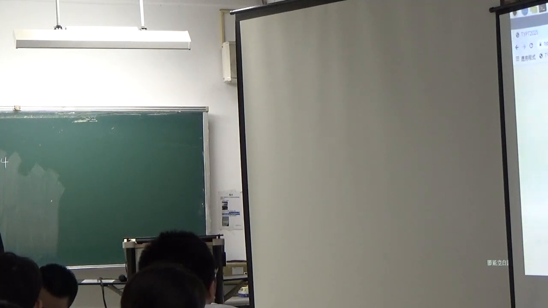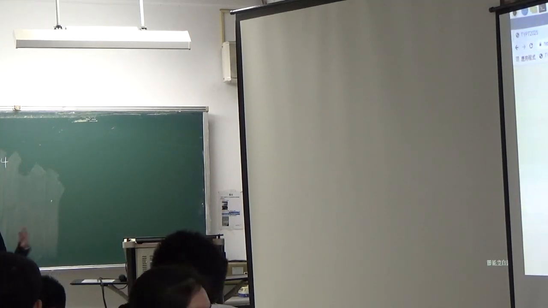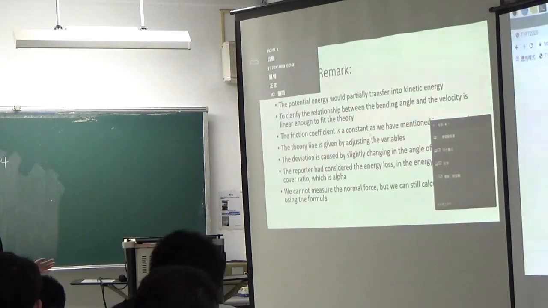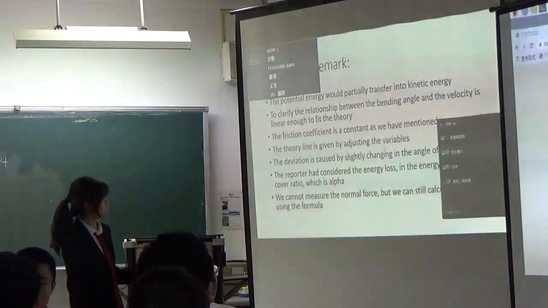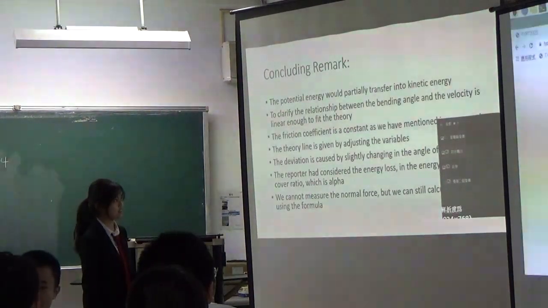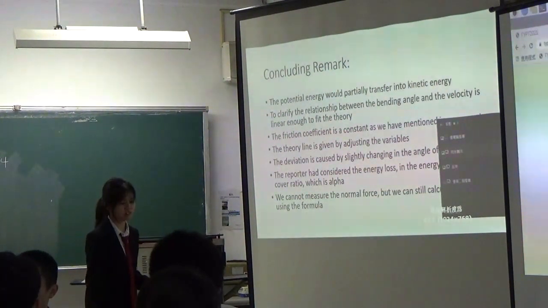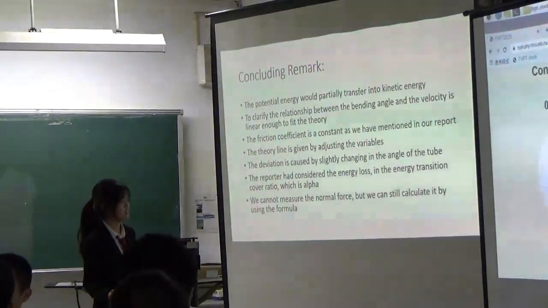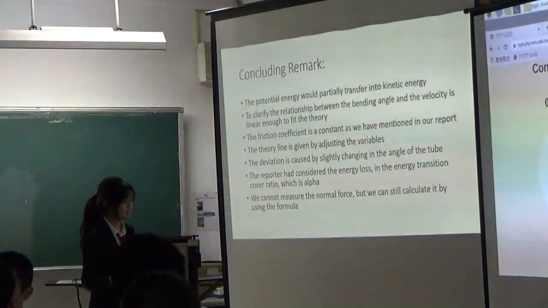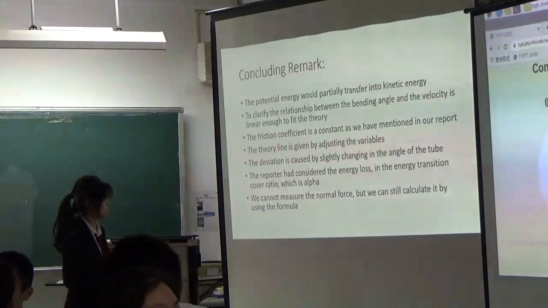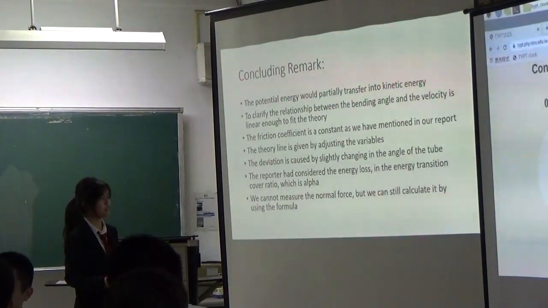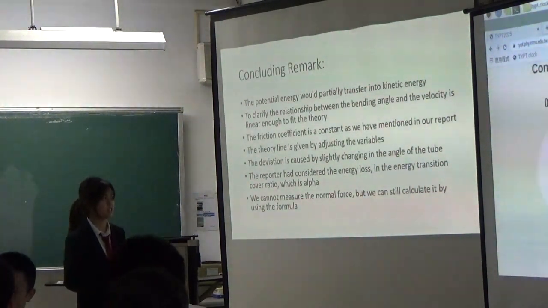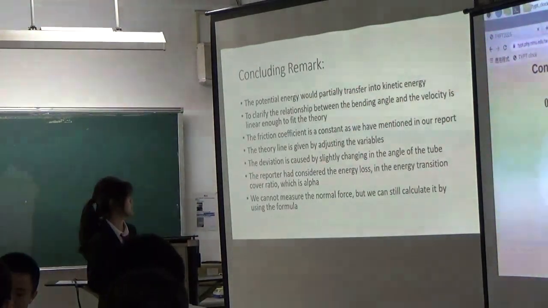Also, the friction coefficient is a constant, as we have already measured in our measurements. The theory line is given by adjusting the variables, which the opponent maybe didn't understand. And the deviation is caused by a slight change in the angle of the tube.